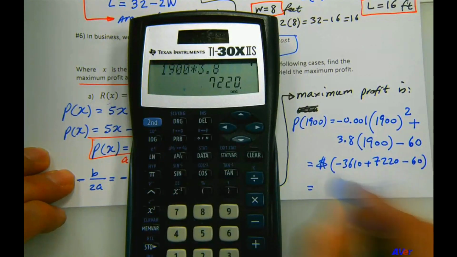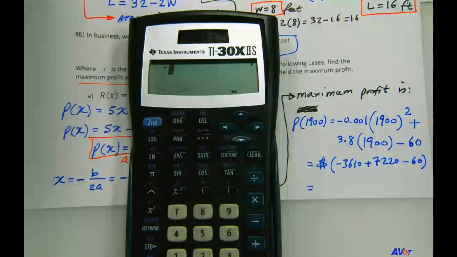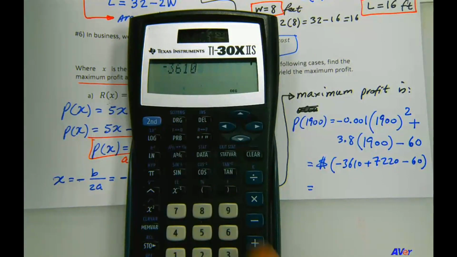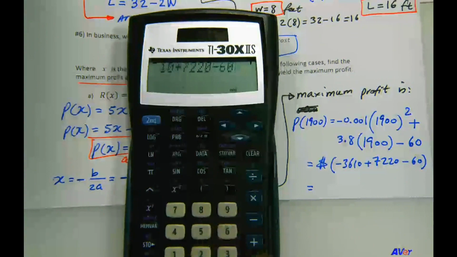Okay? So let's add and subtract all those numbers. We have minus 3,610 plus 7,220 minus 60. What do we get?